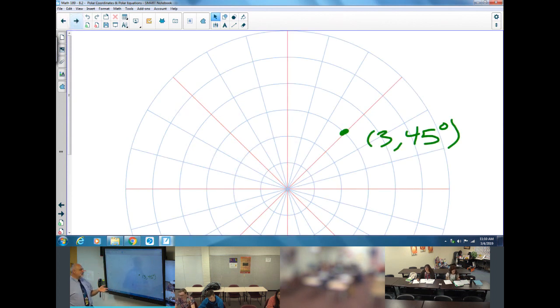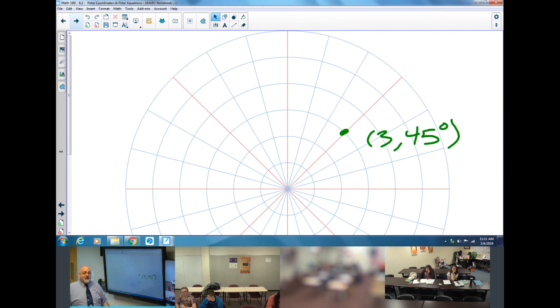All right, so this is what a graph looks like in polar coordinates. You might have seen this if you watch a war movie, usually in a battleship or a submarine, they'll have a tabletop that looks like this, because in the military they often use polar coordinates for targeting.